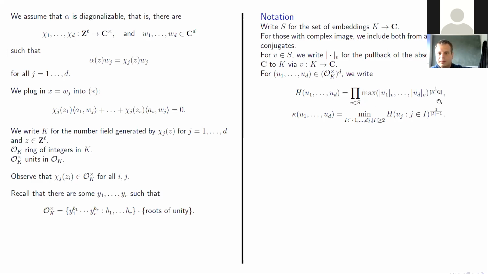And then it turns out that the proper way to normalize this is that you take it to the power 1 over the degree of the number field. This is not very important for what I'm going to say, but if you want to define this in a way which makes it independent from the number field K, then this is the right thing to do.